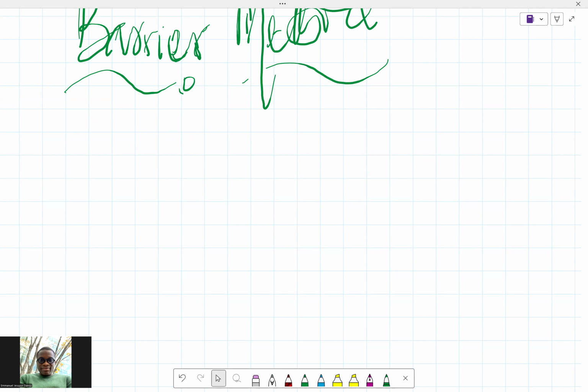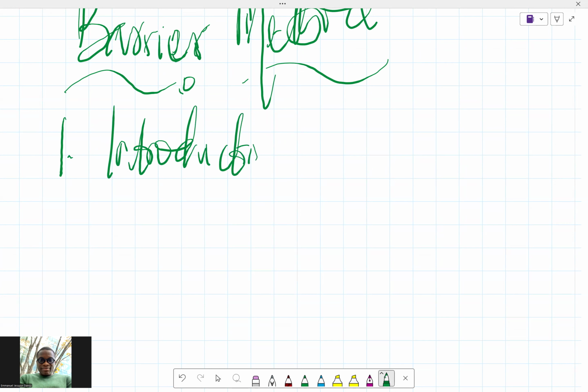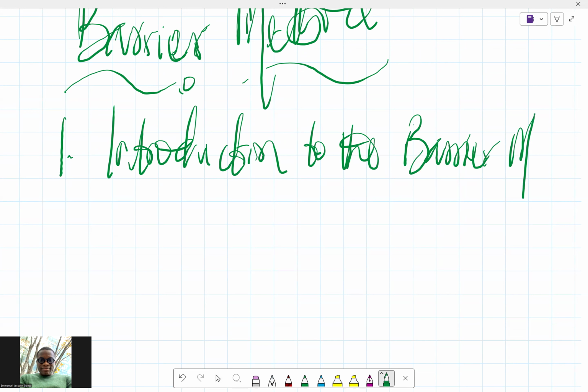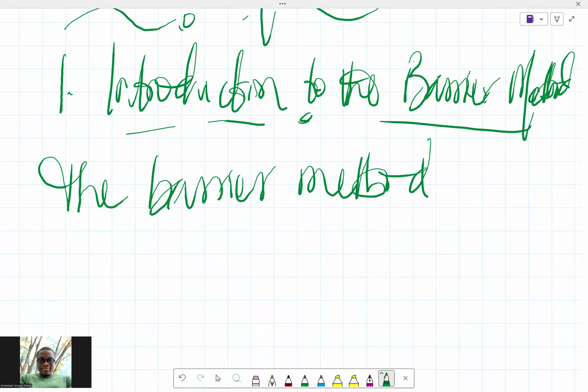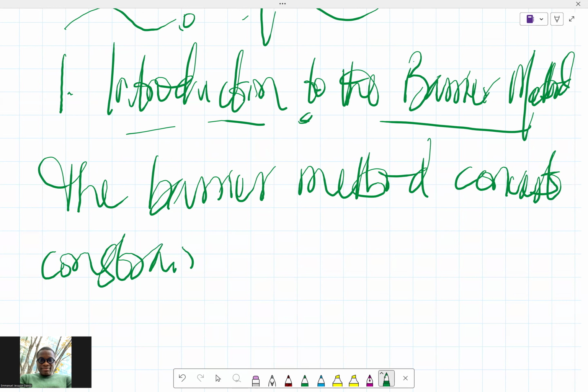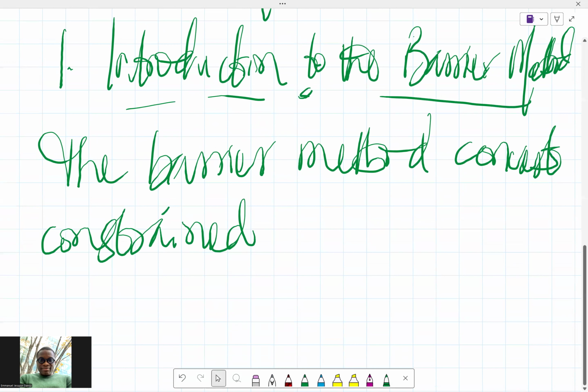So first thing, let's look at an introduction to the barrier method. Okay, so the barrier method converts constrained optimization problems. And we have seen methods for solving them previously, like Lagrange multiplier, sequential quadratic programming, and interior point method. So some of them are still coming back here.